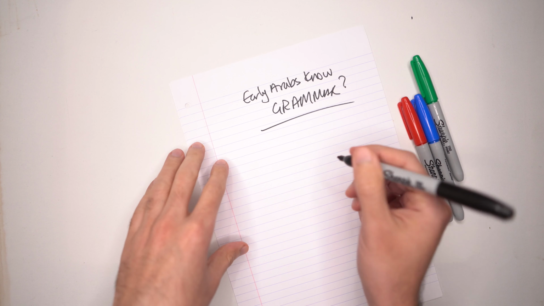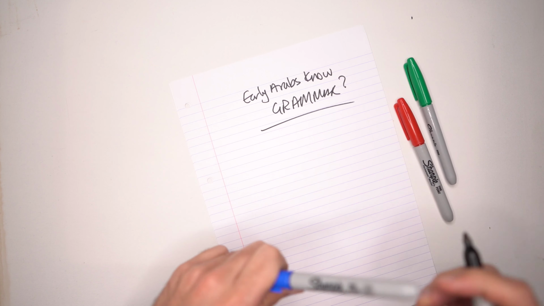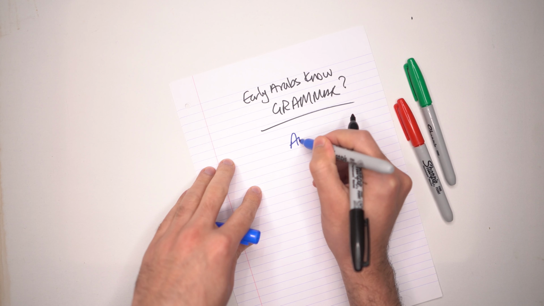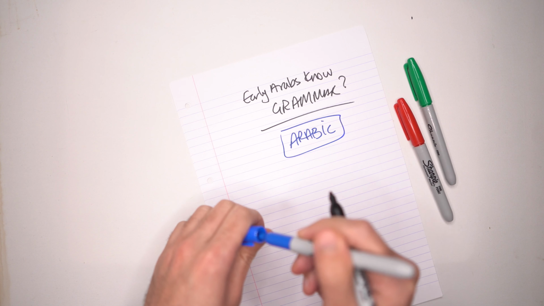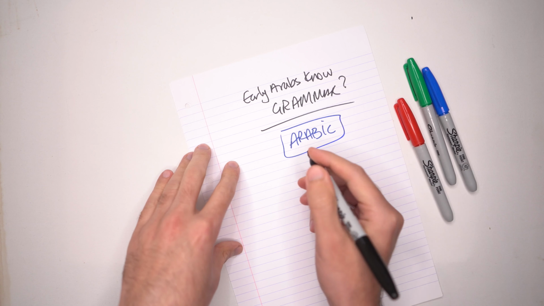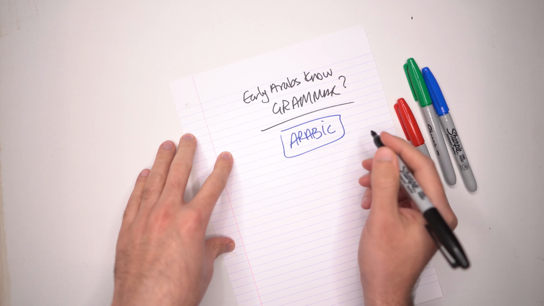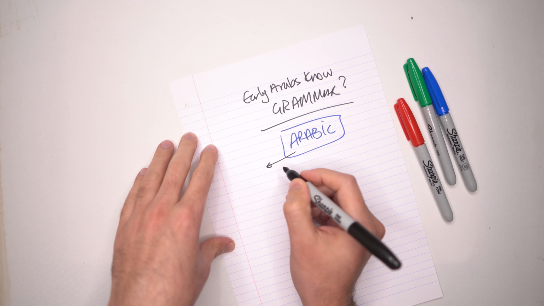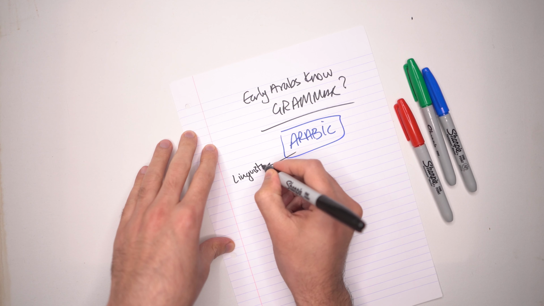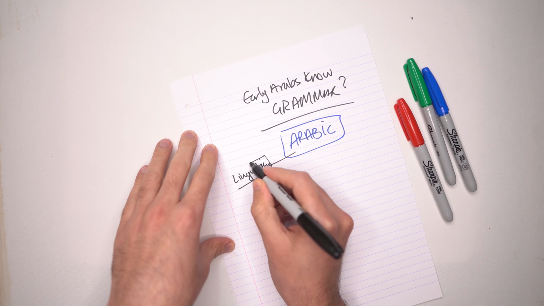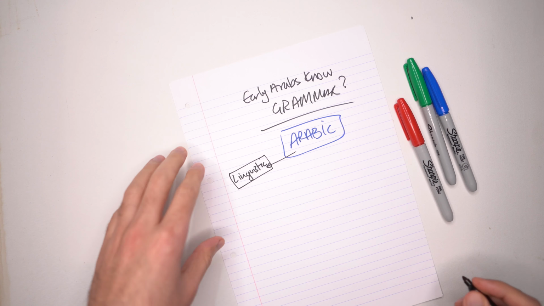Let me give you a little background understanding regarding Arabic. When we say Arabic, we're talking about several branches of Arabic studies. One is the linguistic meanings of words. What does each word mean?